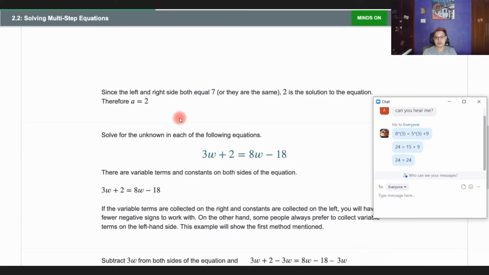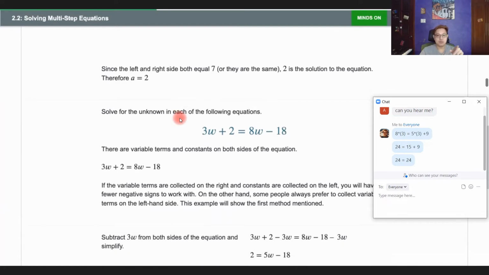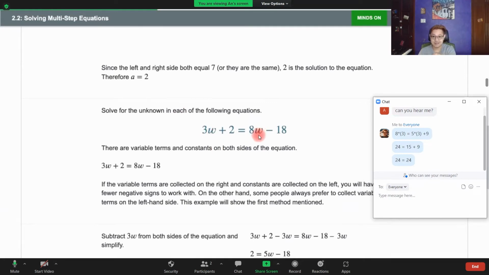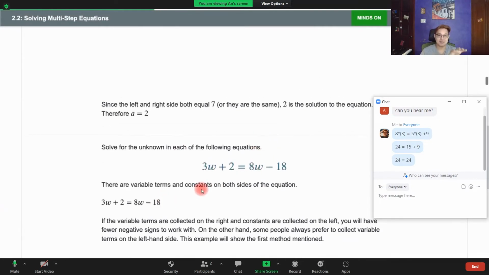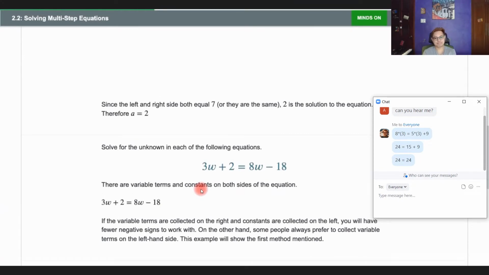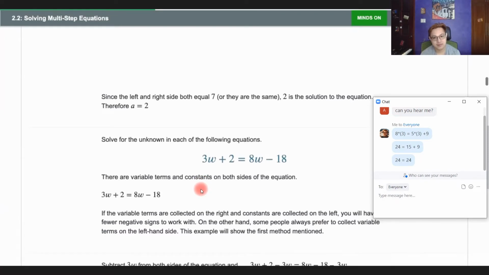Because 3 is smaller than 8, I would move the 3w to the right side, instead of moving 8 to the left side, so you don't deal with the negative. So then 8w minus 3w would be 5w, 5w equal to 20.